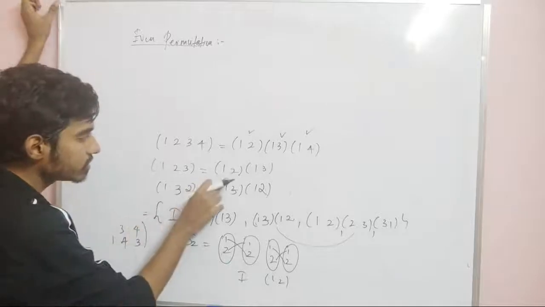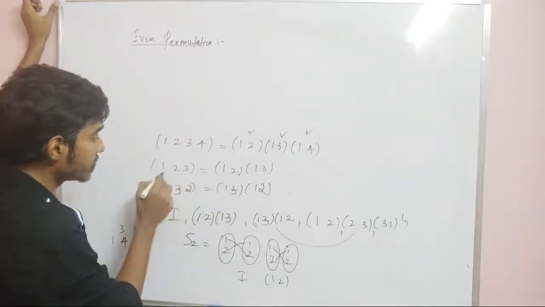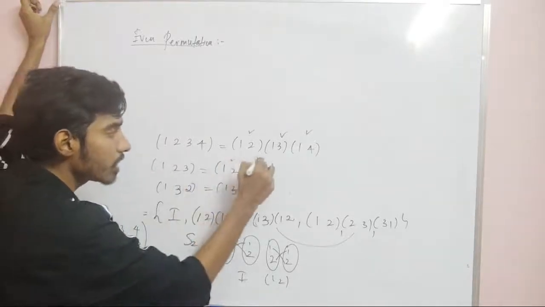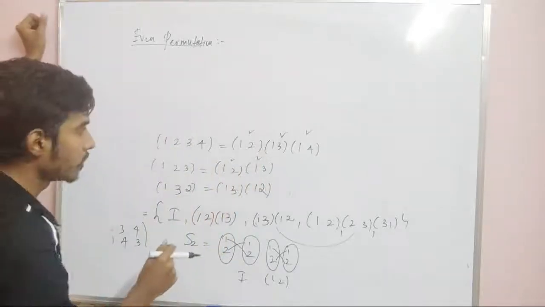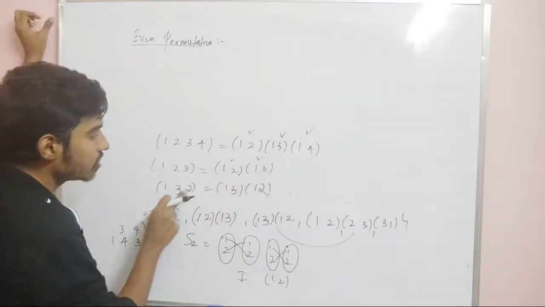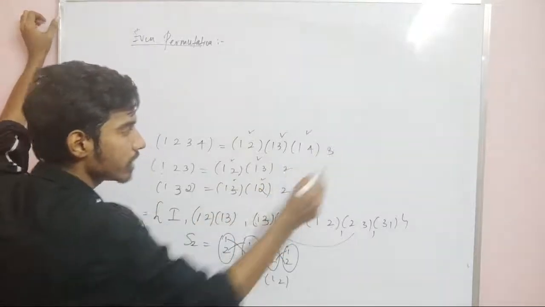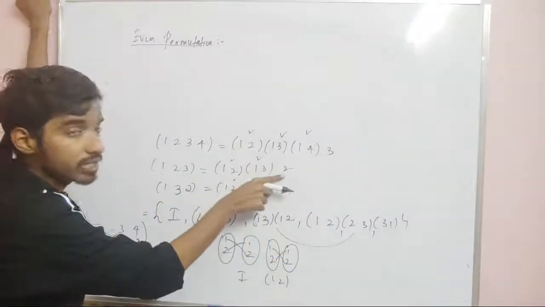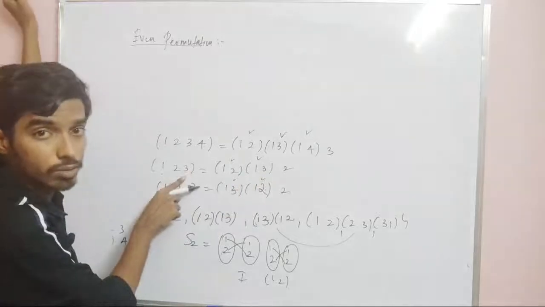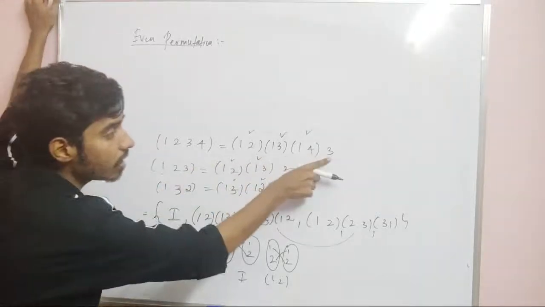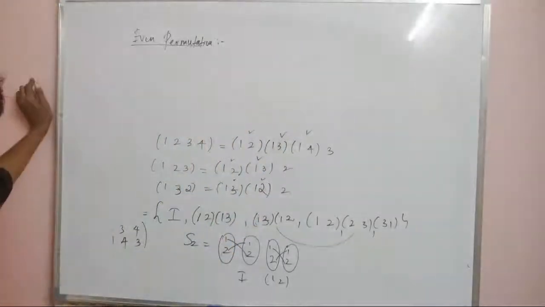Now how many transpositions are there here? I have expressed this cycle as a product of 2 transpositions, and this one also as a product of 2 transpositions. So if the number is even, then the permutation is called an even permutation. If the number is odd, then it is called an odd permutation. Very easy.